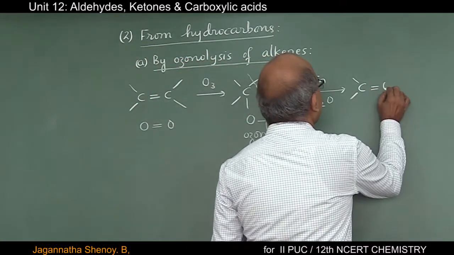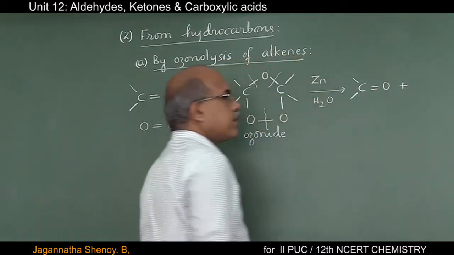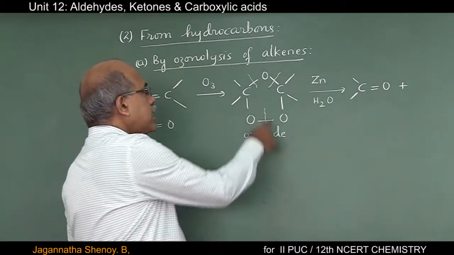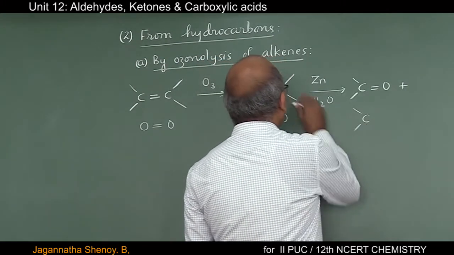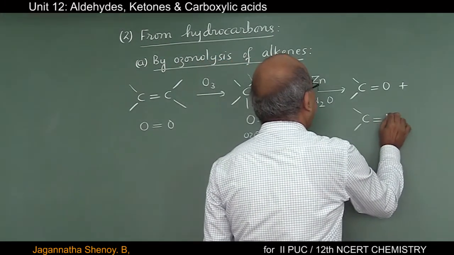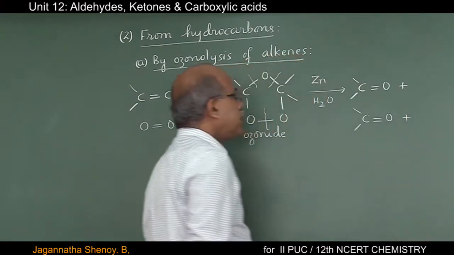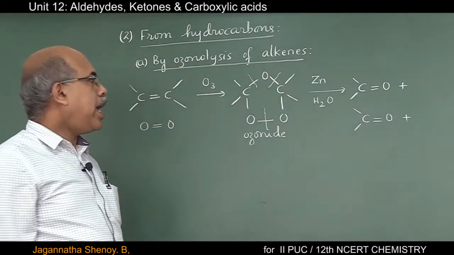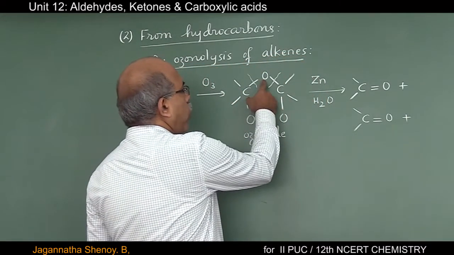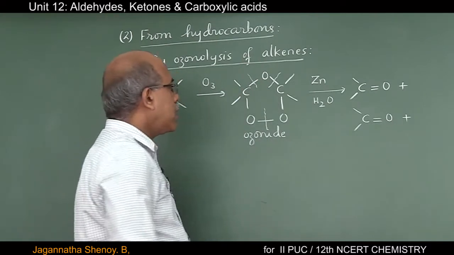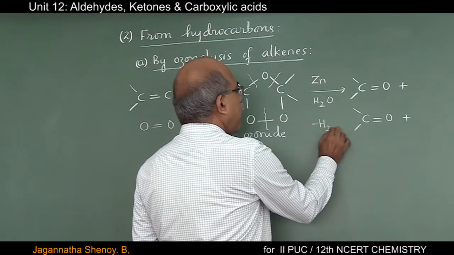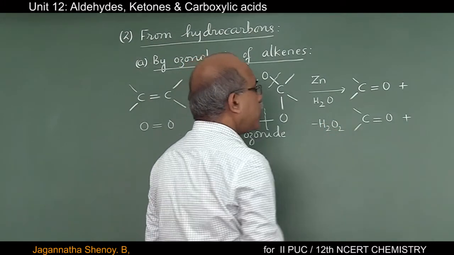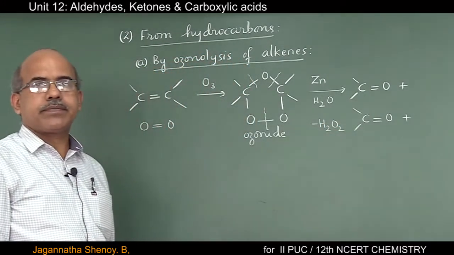It is a C double bond O plus. You consider this side, you have C, right? You have two bonds, and then you have a double bond O. And of course, you can make out whatever oxygen is present will combine with water. So it gives you a molecule of hydrogen peroxide.